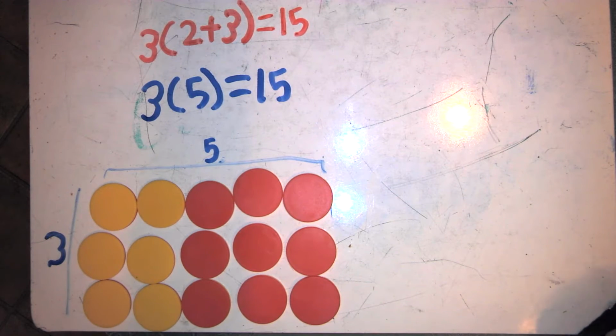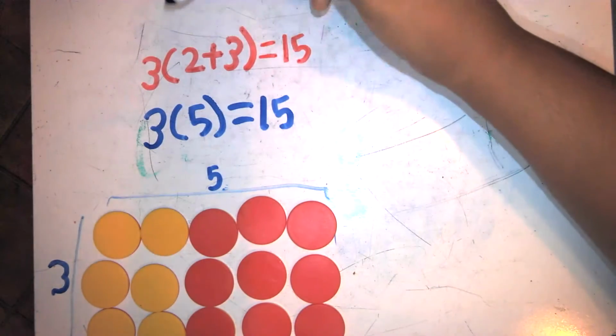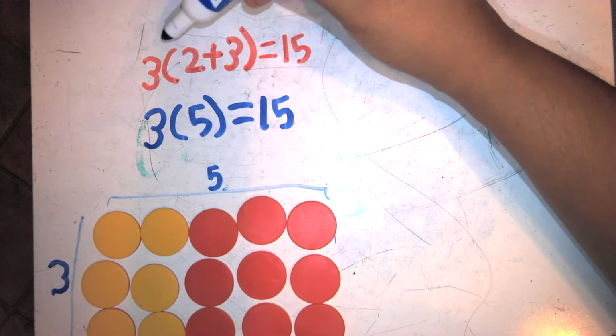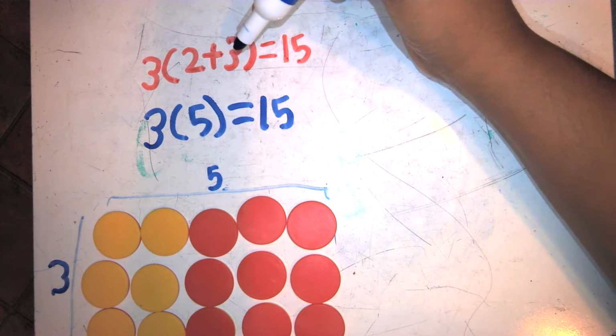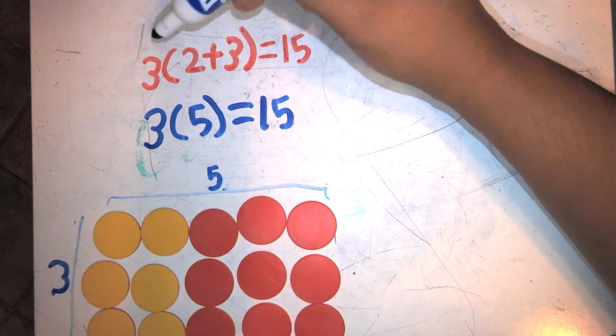Now let's distribute. The 3 is being multiplied to this entire expression inside the parentheses. It's not being multiplied to just a part of it.